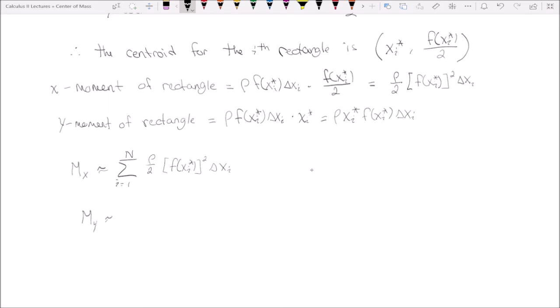The y moment for the lamina can be approximated as the sum, i equals 1 to n, of rho x sub i star, f of x sub i star, times delta x sub i.